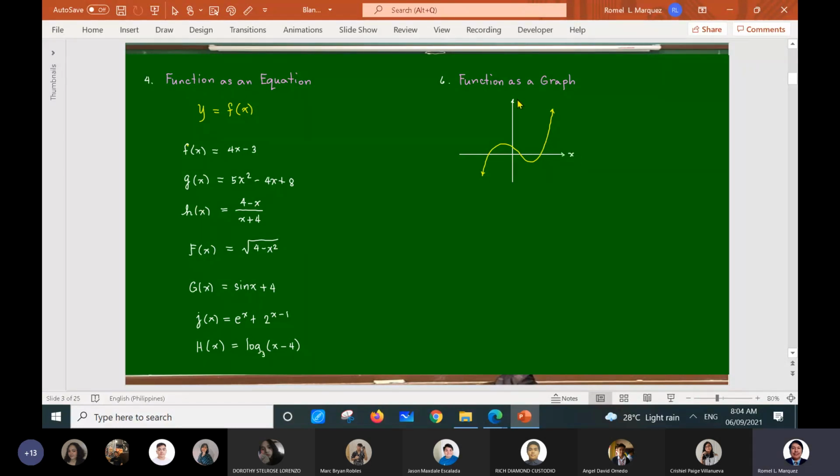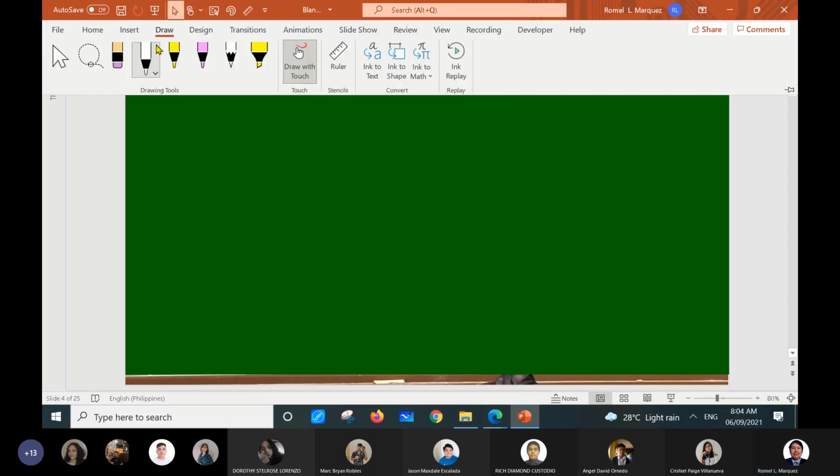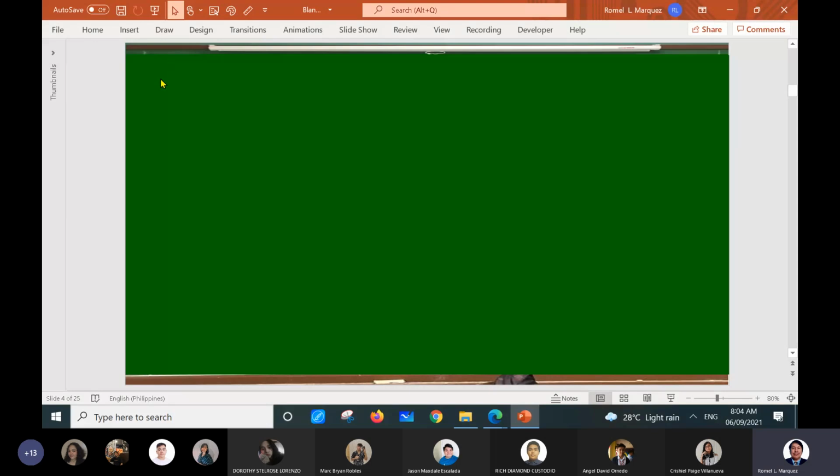Okay, guys? So we call this, let's say, y as a function of x. Normally, this is a graph of a polynomial function. So we're going to focus on this function as an equation.